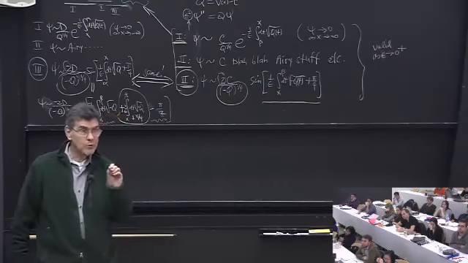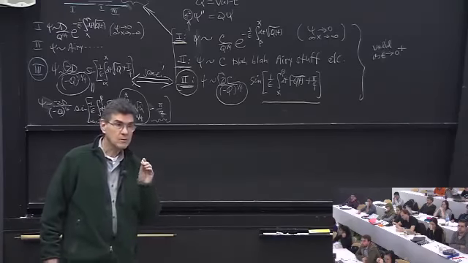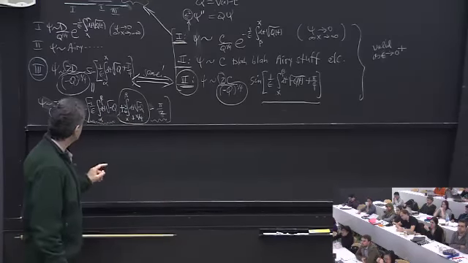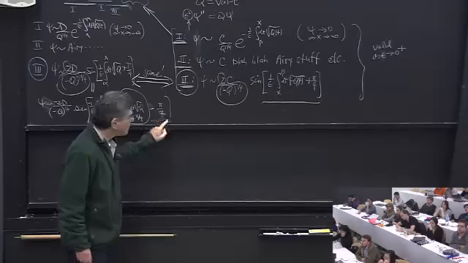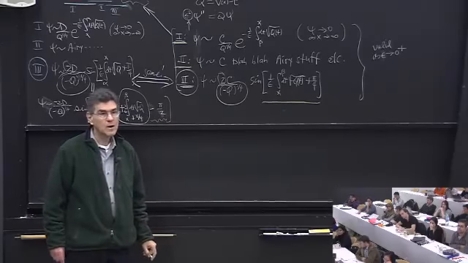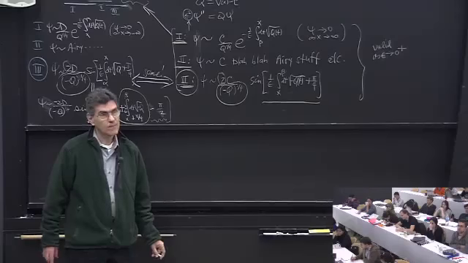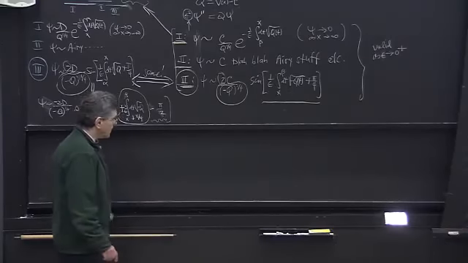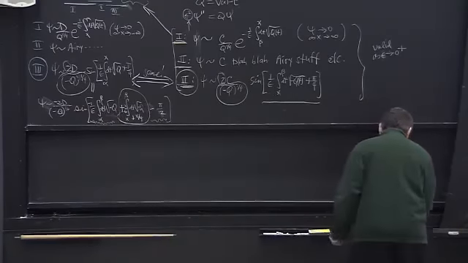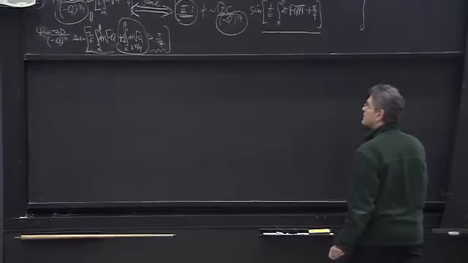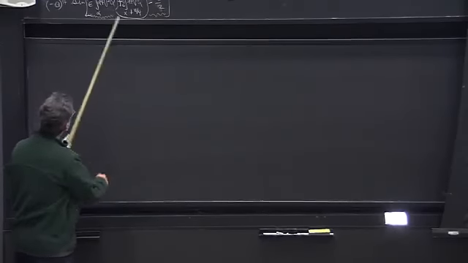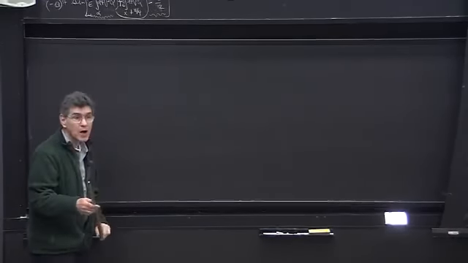But if we want to include all the possible values, it follows that this must be a multiple of pi, not 2 pi, just pi. Okay? So what I'm saying is, we can make this be a multiple of pi.